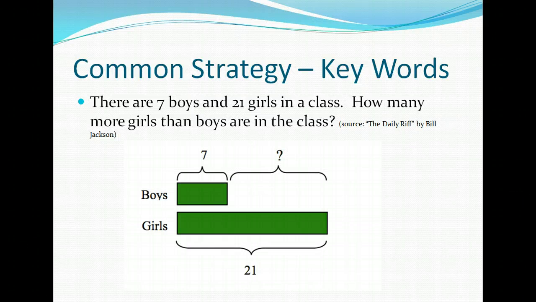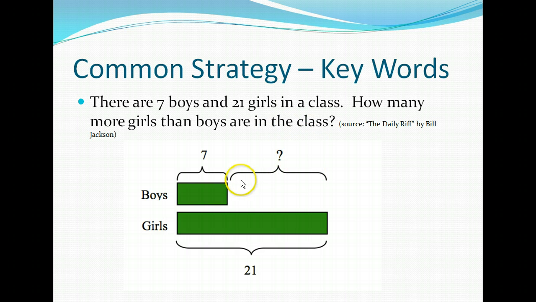I think if you take a look at the picture of the bar model, you might better be able to understand why. The picture is showing this first bar here, boys, as having 7 in the class. And then the longer bar down here at the bottom is showing 21 girls. The question mark represents what we are trying to find.